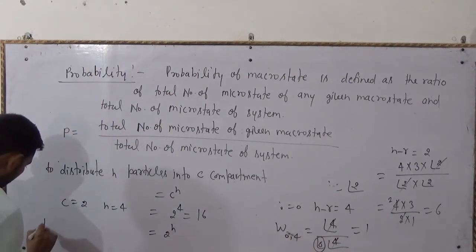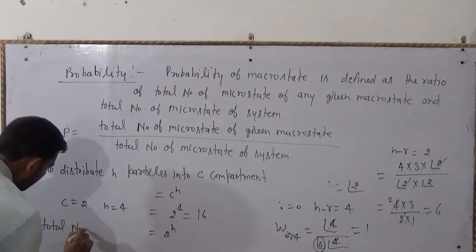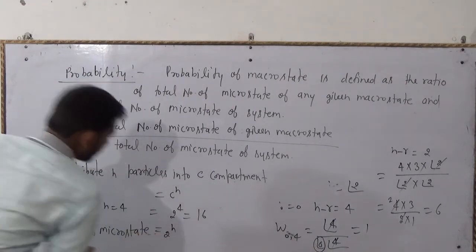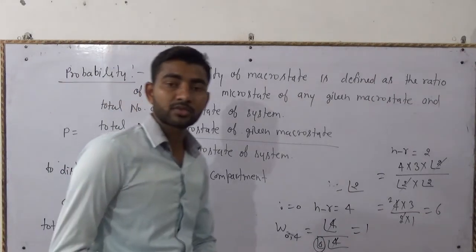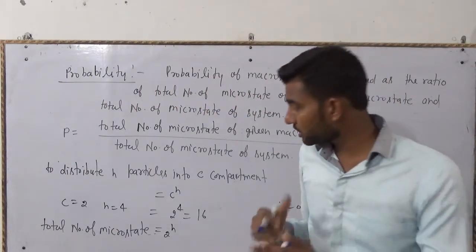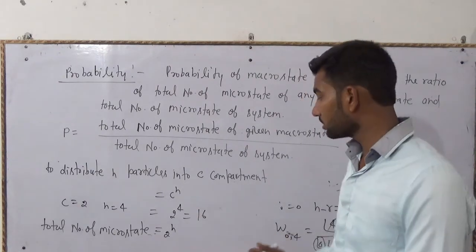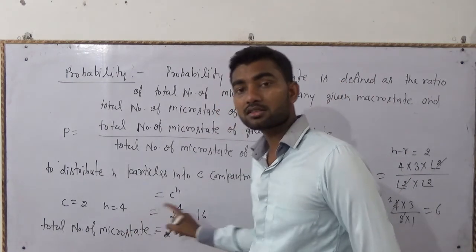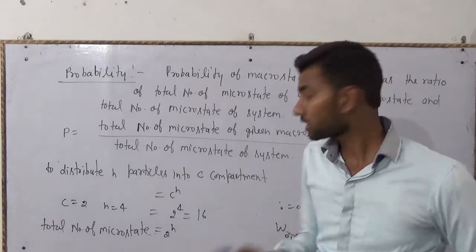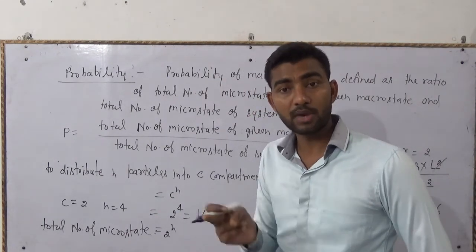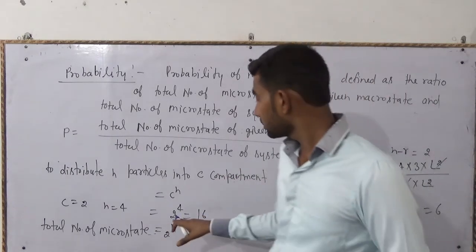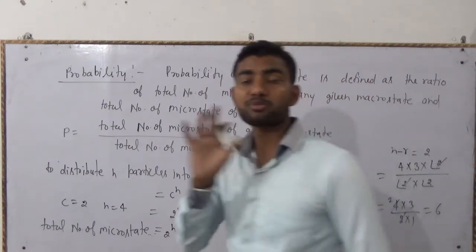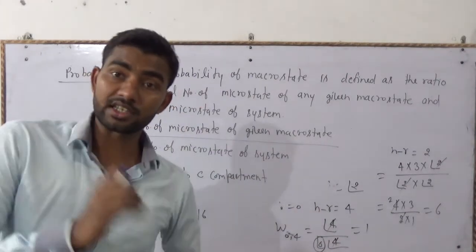We discussed this in my previous lecture, and we proved for the same 4 particles that the total number of microstates is 16, in detail.